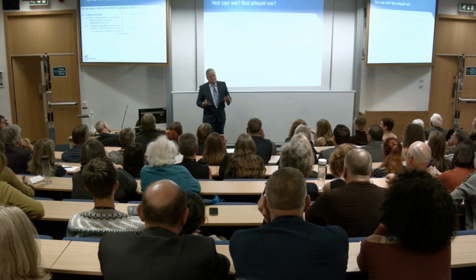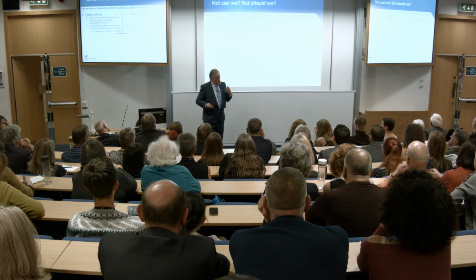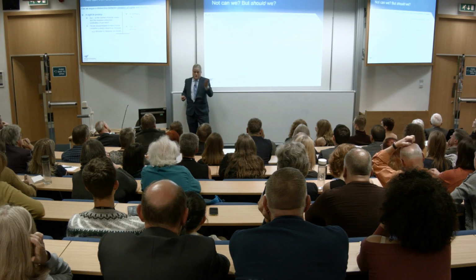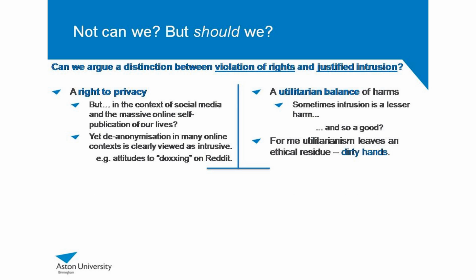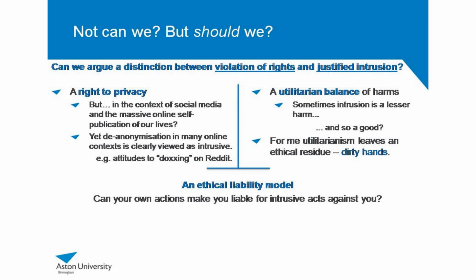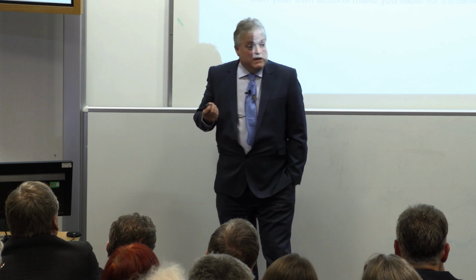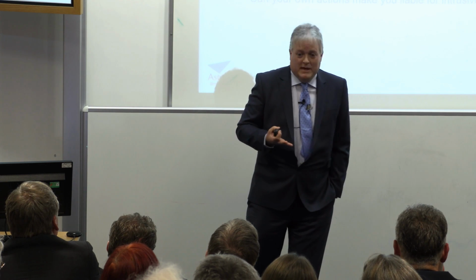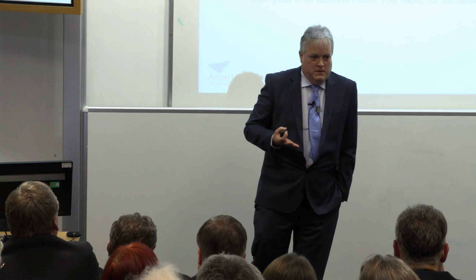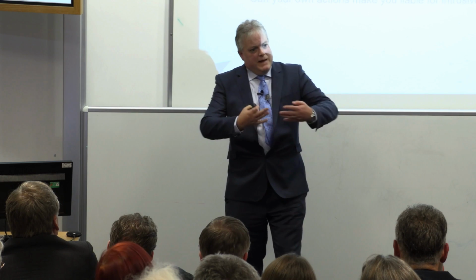Yeah, and that's uncomfortable. And he's developed an idea, which he applies to undercover policing and other covert operations, of what he calls an ethical liability model. And he takes the idea of self-defense. Okay, so if someone comes at you with a knife, most people's intuition is that ethically you can harm that person to stop them harming you. Okay, and that's not about a balance of harm.